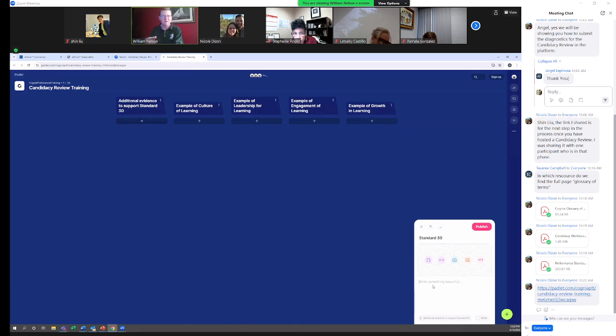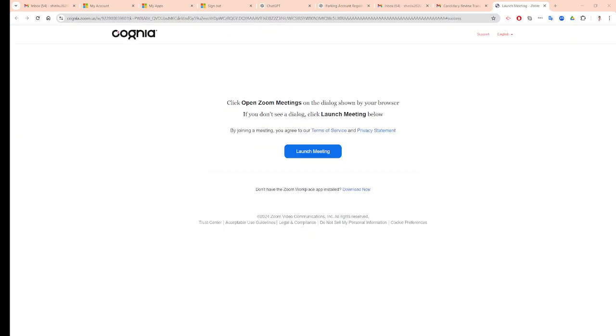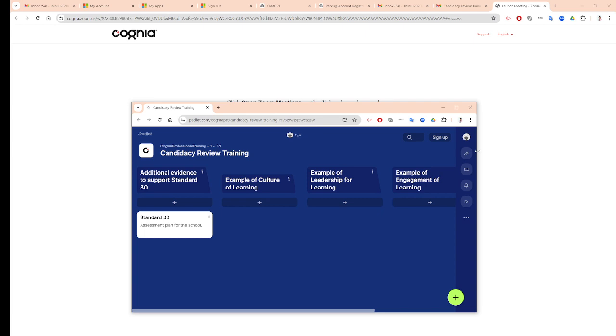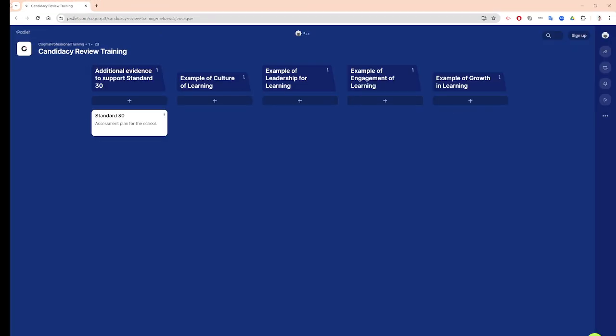What evidence would I use to support standard 30? Well, because we have a balanced assessment system, I'm going to put in the assessment plan for the school. And that will include all sorts of information. And then I click publish. When I click publish, you can see that it pops up right here and we can see your responses. So looking at standard 30, what additional evidence would you consider including, and enter that information in the Padlet?